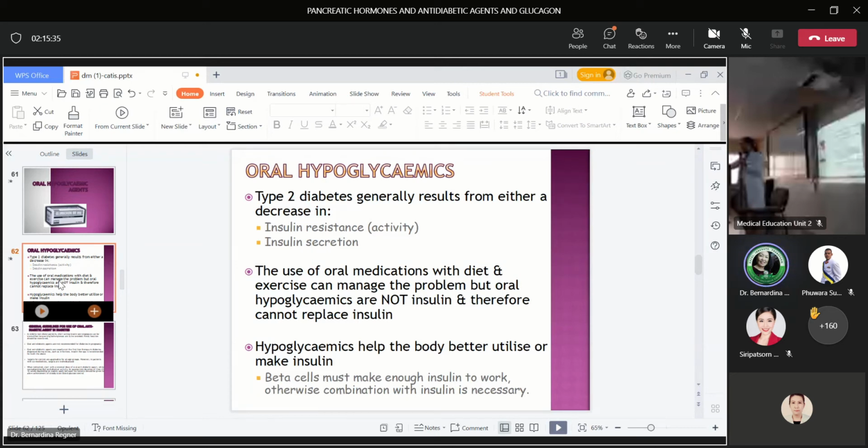Sulfonylureas, very good. The use of oral medications with diet and exercise can manage the problem, but oral hypoglycemics are not insulin and therefore cannot replace insulin. You are aware of that. Hypoglycemics help the body better utilize or make insulin. Beta cells must make enough insulin to work, otherwise combination with insulin is necessary.